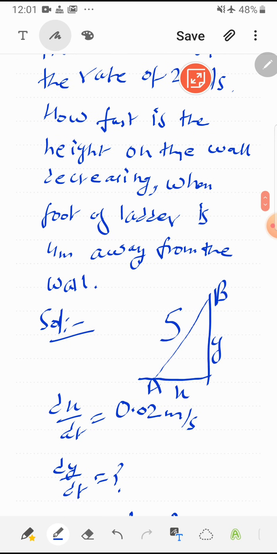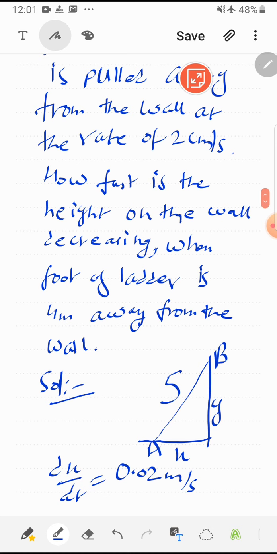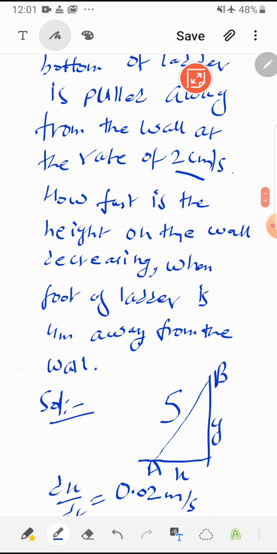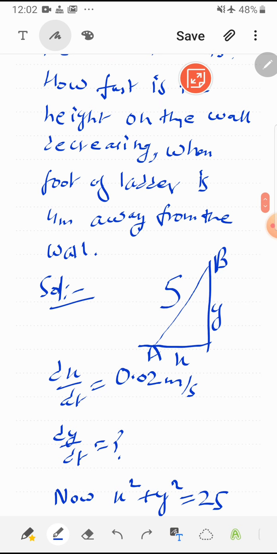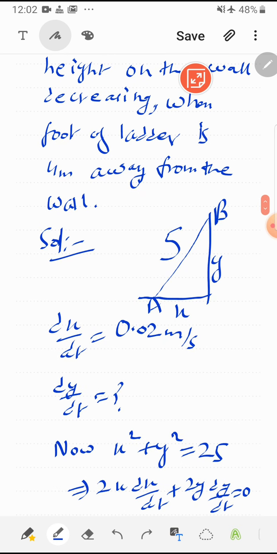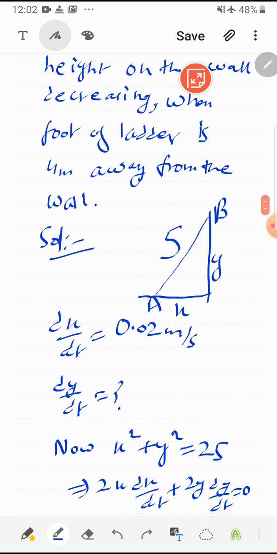Now we are given dx by dt. Now this is very important, that as the units should be the same, I am converting centimeter per second into meter per second, so that is why it is 0.02 meter per second. Now dy by dt I have to find, so the relation between x and y is Pythagoras, which I am using here.